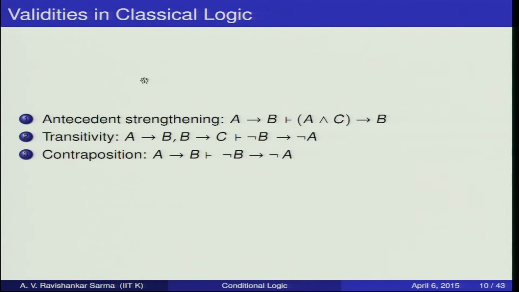Nobody would be in a position to accept that. Although it is considered a good validity, it gives us counterintuitive results. The same is the case with transitivity and contraposition.